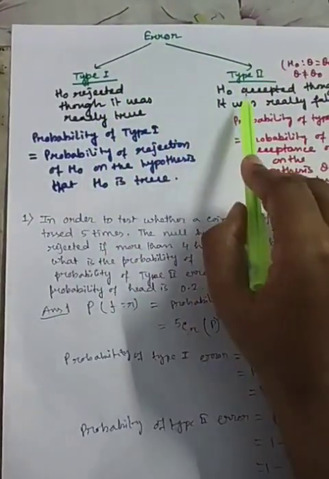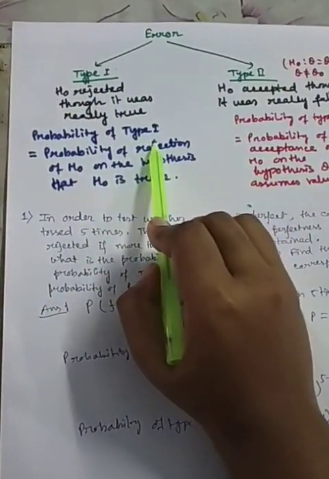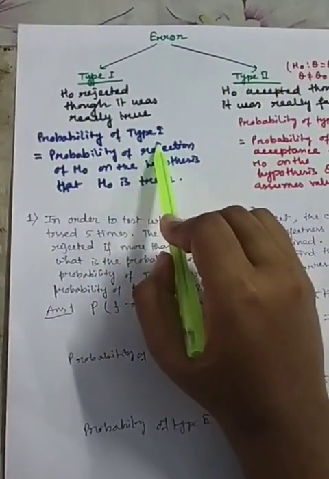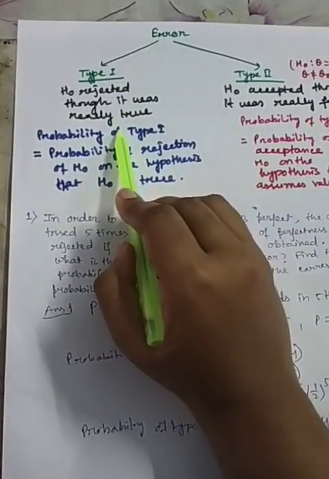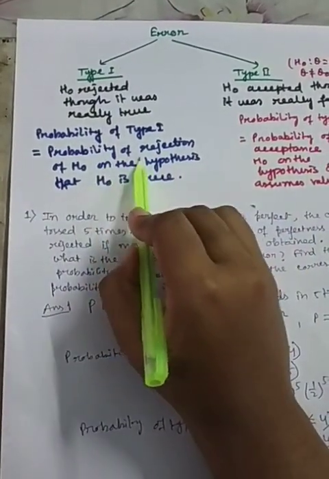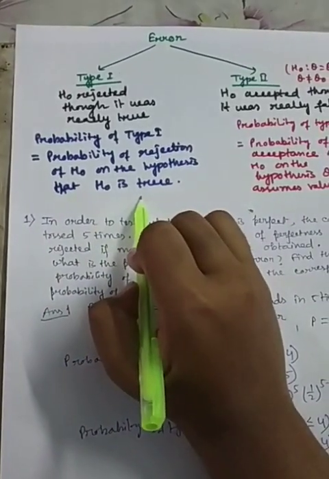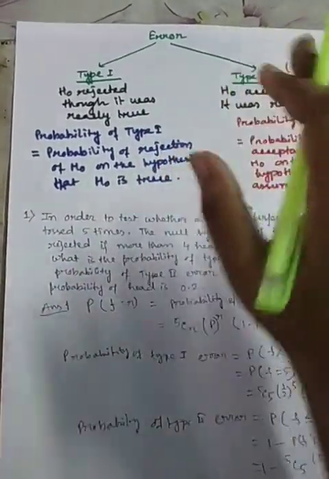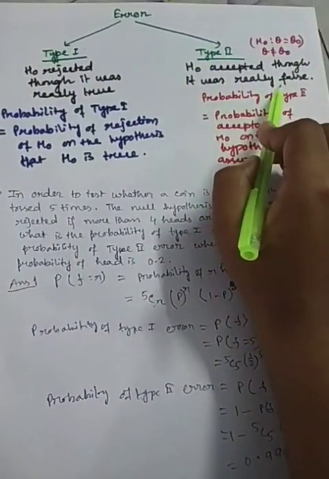Whenever type 1 or type 2 error occurs, we always have to find the probability of the error. Now, type 1 error occurs when we reject H0 though it was really true. So the probability of type 1 error is the probability of rejection of H0 on the hypothesis that H0 is true. Similarly, type 2 error occurs when we accept H0 but it was really false.